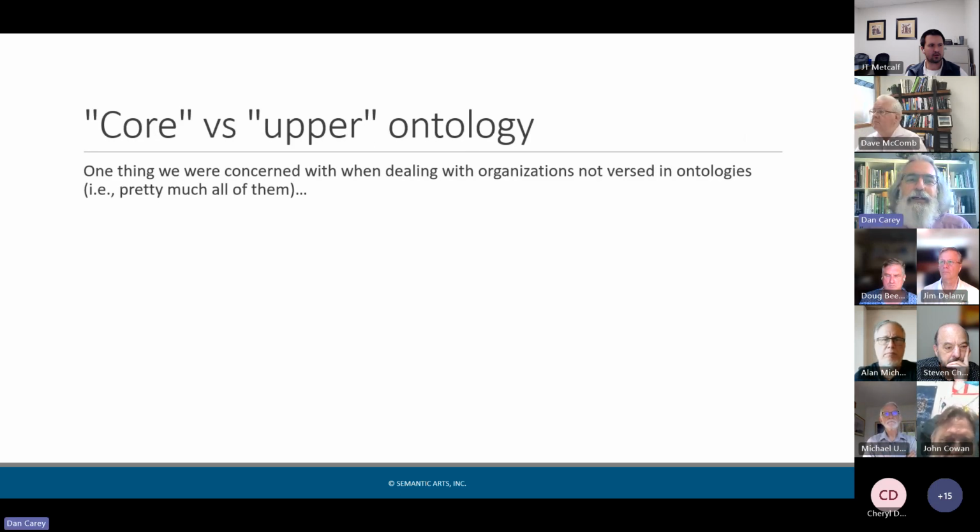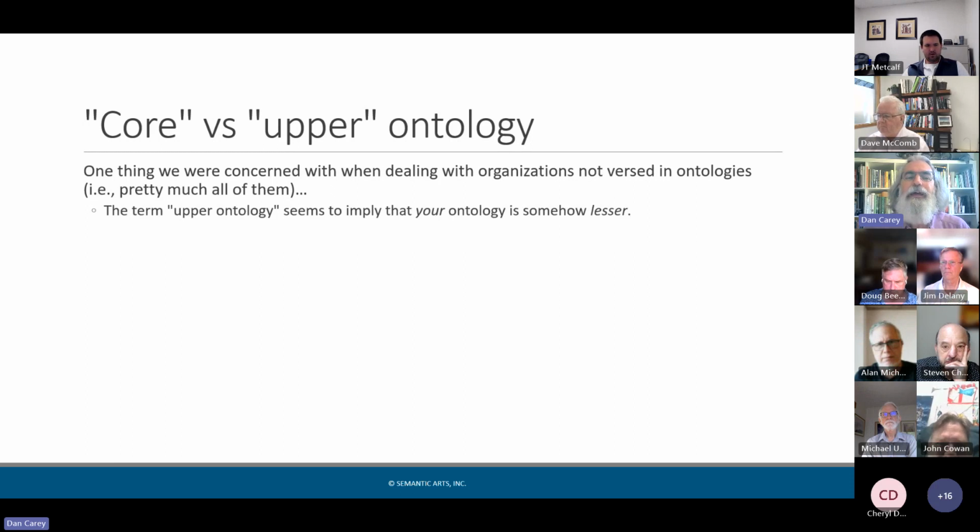I would note that not just at Morgan Stanley, but other organizations that we've gone to, other clients, when they're not versed in ontologies and some of the terminology, which is pretty much all of them when you first get there, using the term upper ontology creates a little sense of discomfort, it seems, because it sort of implies that the client's ontology is somehow less. It's less important, or it's less powerful, or something. It's somehow less than this upper ontology.